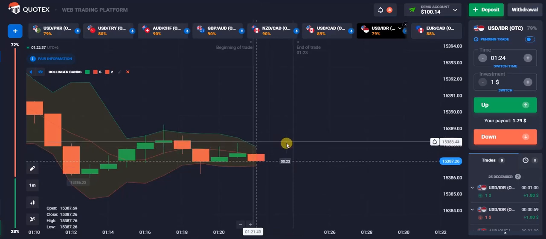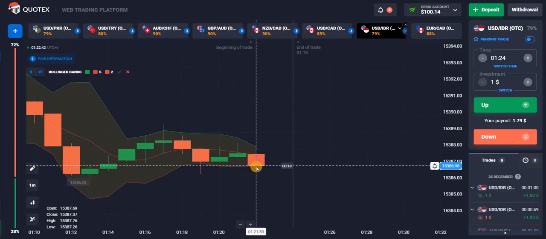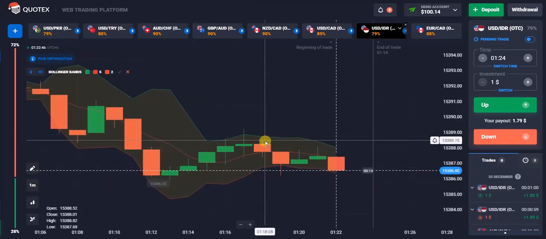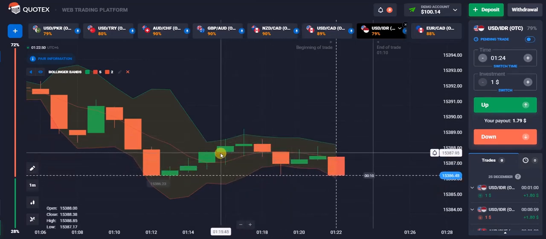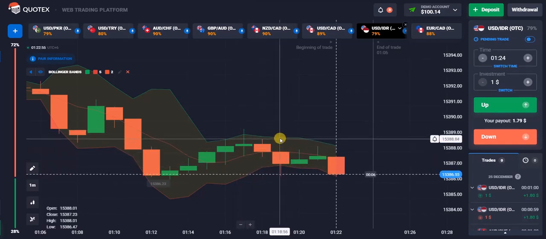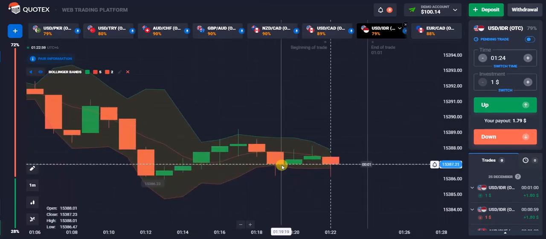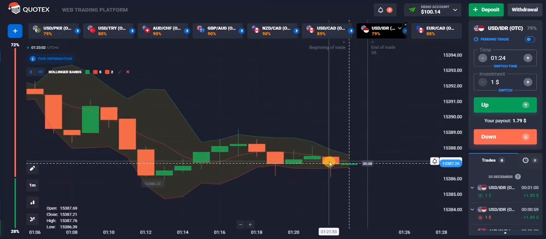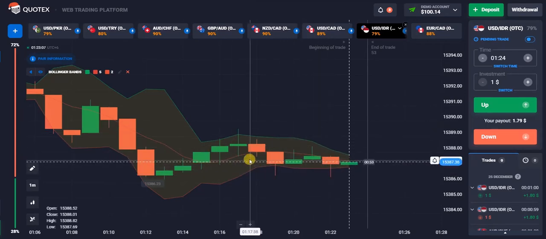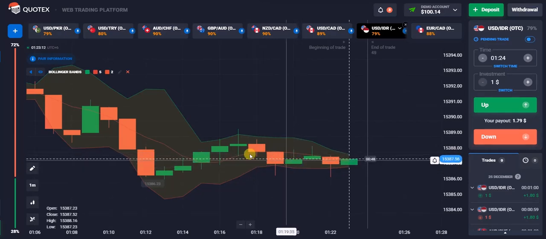So I told you that I'm gonna tell you something about this candle. When the Bollinger Band gets narrower or smaller, the candles become smaller too, right? It is highly related to the Bollinger Band, because when the candlesticks get smaller, the Bollinger Band gets narrower.